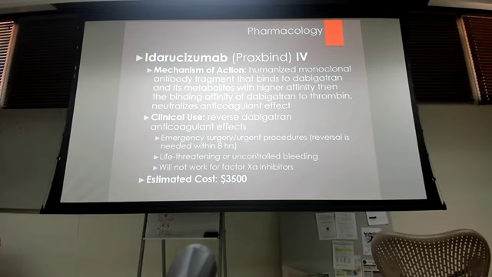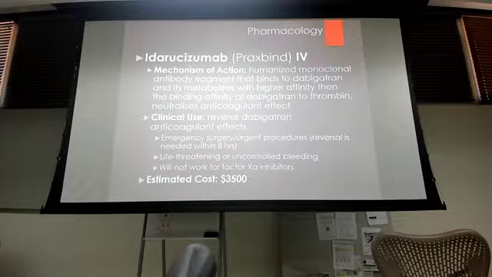What it's going to do is bind to the dabigatran stronger than thrombin does, because we said dabigatran is a direct thrombin inhibitor. So basically, this medication via IV competes with the thrombin, and it has a higher affinity for the dabigatran than the thrombin does.